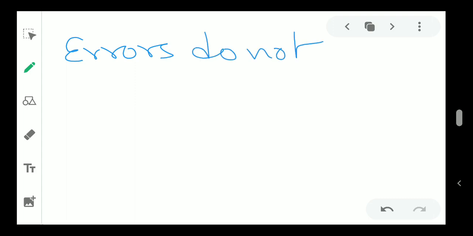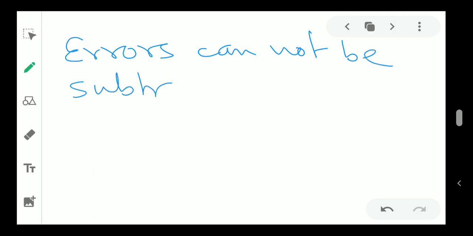In case of subtraction, what happened? Now, one very interesting fact: errors do not subtract. Errors cannot be subtracted. This is a very useful thing you have to remember.